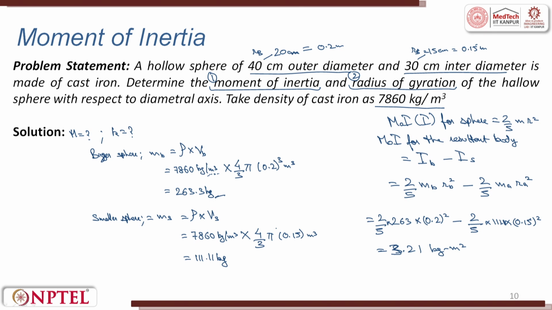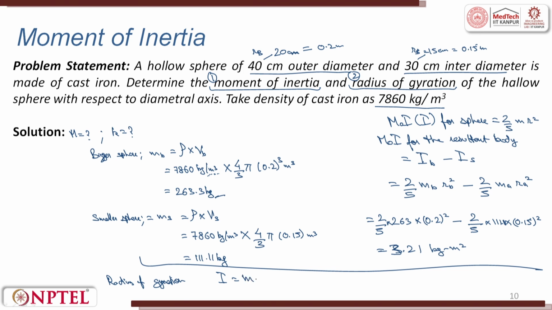To find the radius of gyration, we know I is equal to m k squared, which gives k equal to the square root of I by m.